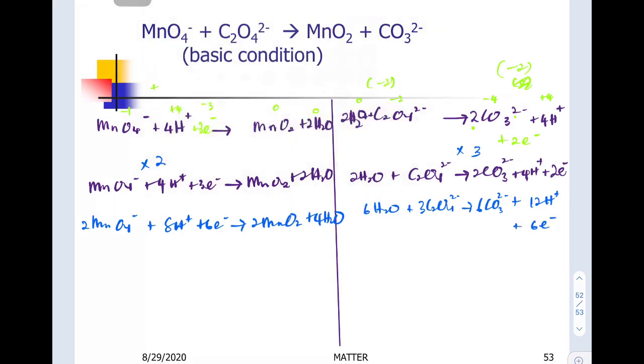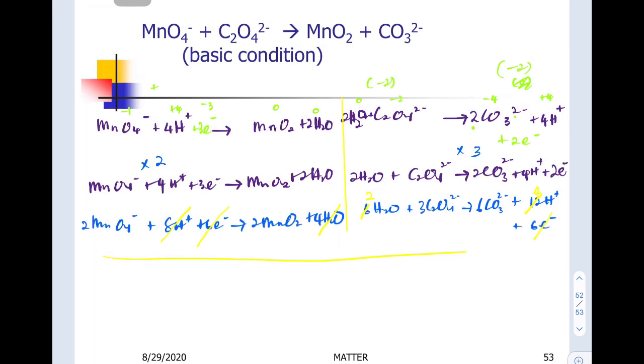Now we can cancel the electrons with the electrons. We can cancel 8H plus with 12H plus here, so we have 4 H plus left. Then we have 4H2O, cancel it with this 6H2O, so we have 2H2O left. No more similar substances. Then we can combine the equations.